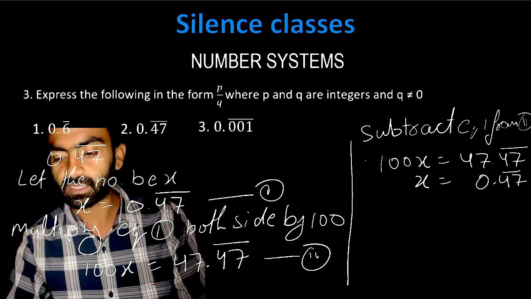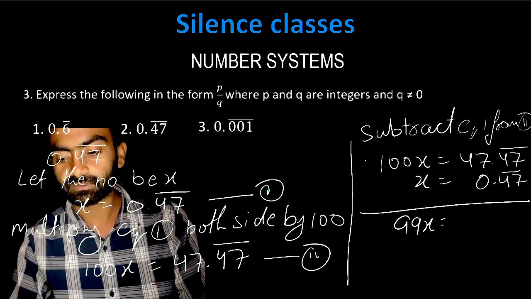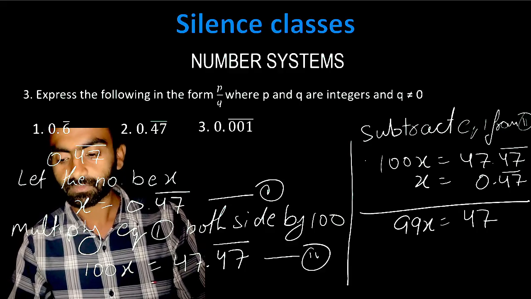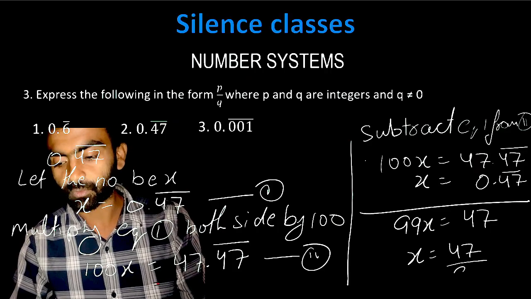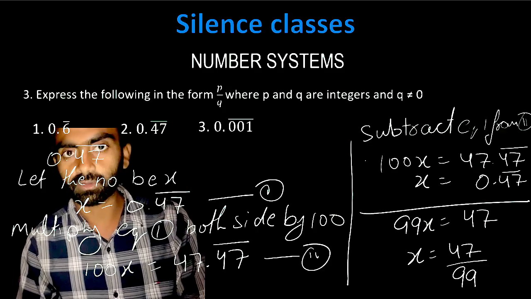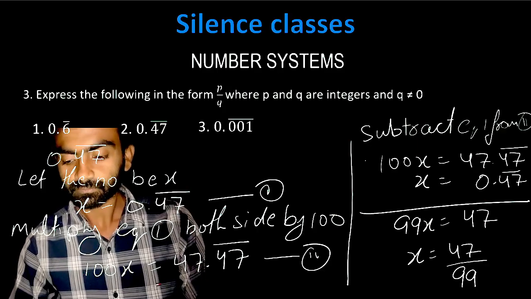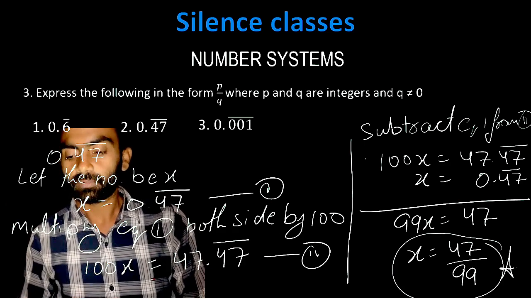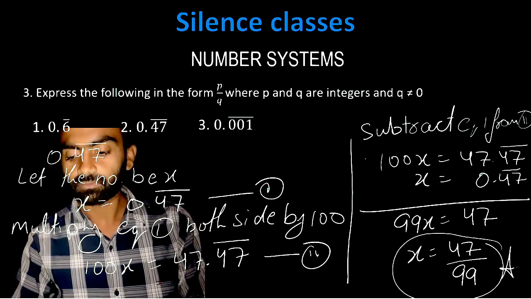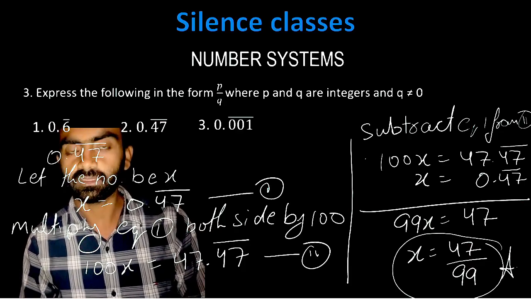You can put the bar, and it will become 99x is equal to 47. Now x is equal to 47 upon 99. We can leave it over here, because we cannot cancel these numbers. So this is the answer.